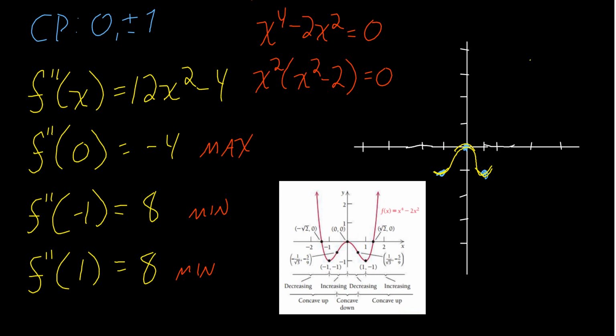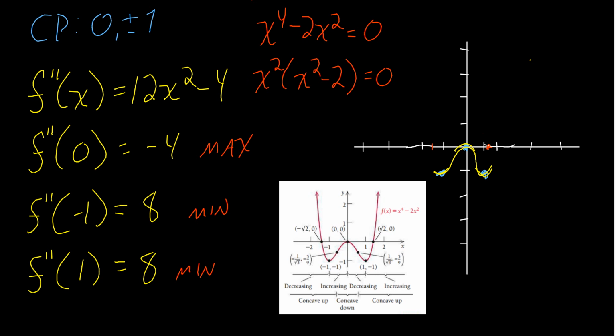And of course, one of the x-intercepts is going to be 0, which is this x-intercept right here. And the other one is going to be the square root of 2, which is going to be about right here. Let's put this in red. About right here. This is awful.